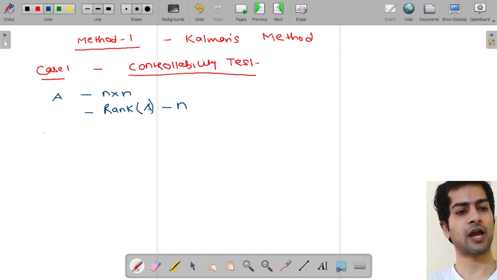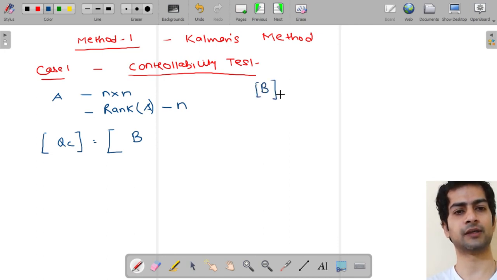Now we have to form a controllable matrix which is something like this. Suppose matrix B is given to us.